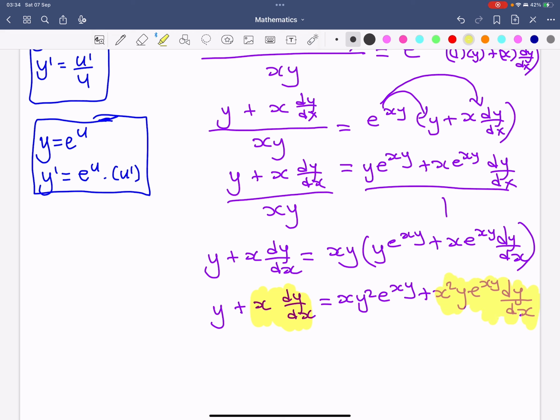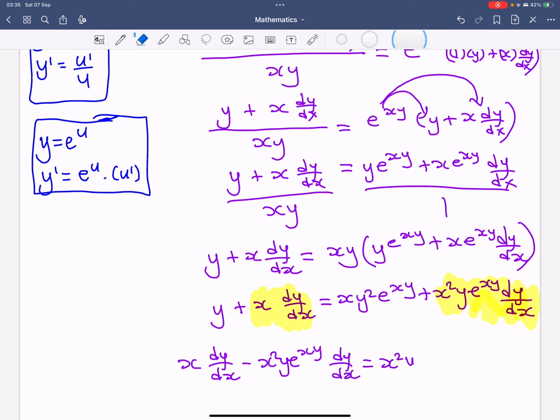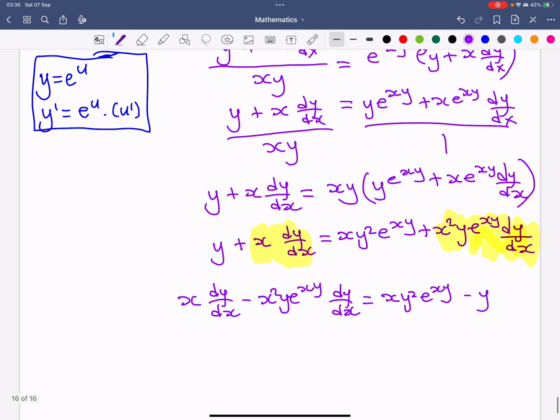And then I can take out the common factor. So in order for me to do that, this is x dy over dx minus x squared y e to the xy dy over dx equals x y squared e to the xy minus y. I just took the y to the other side.